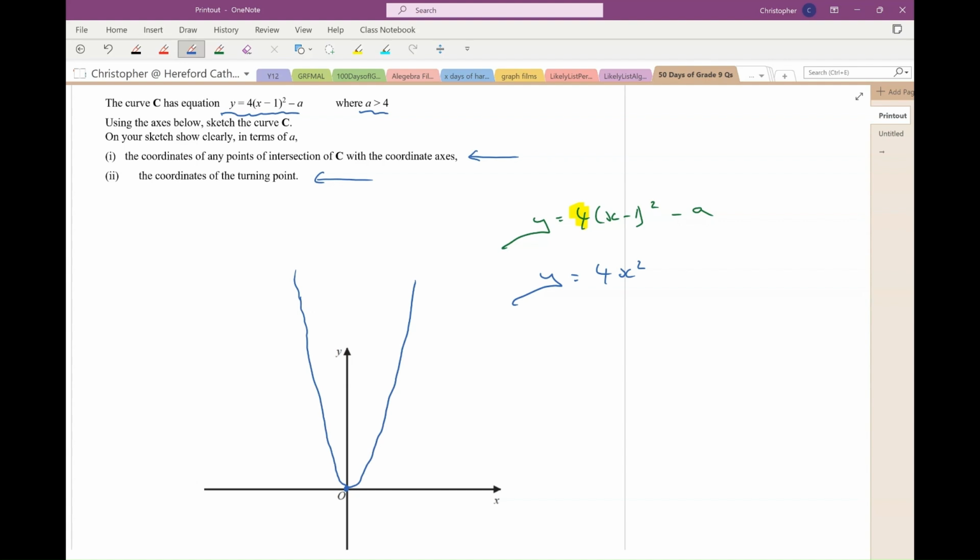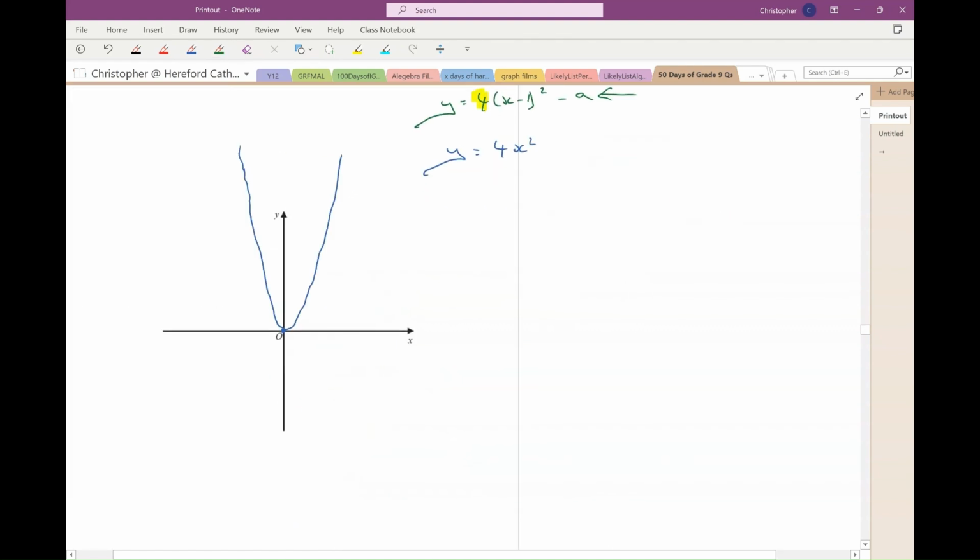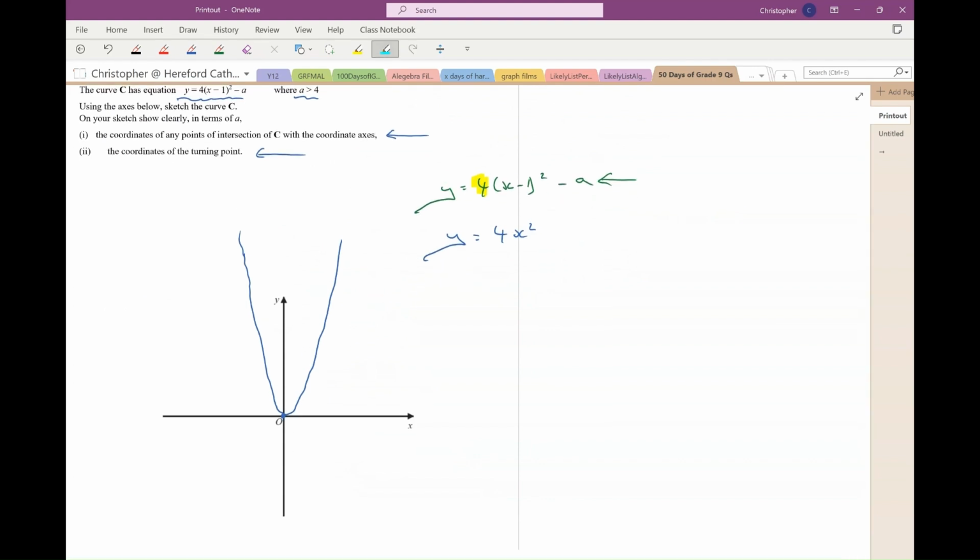Okay, now I'm going to transform that blue curve into the green. Right, first of all, I've got this minus a here. So that is going to shift the blue curve a units down. Okay, so I could just imagine the blue curve being shifted a units down.